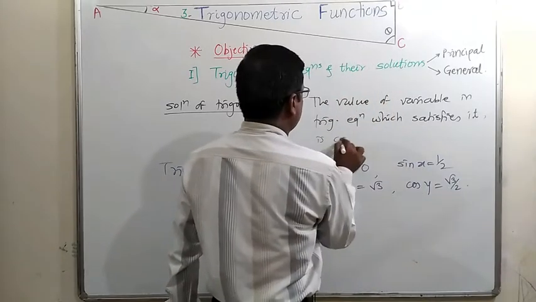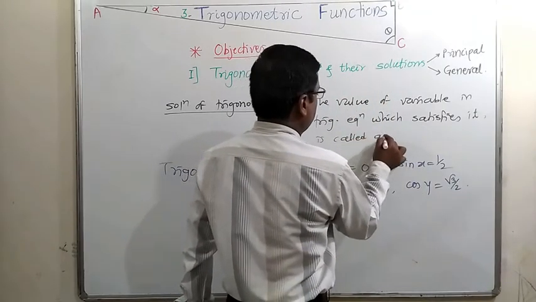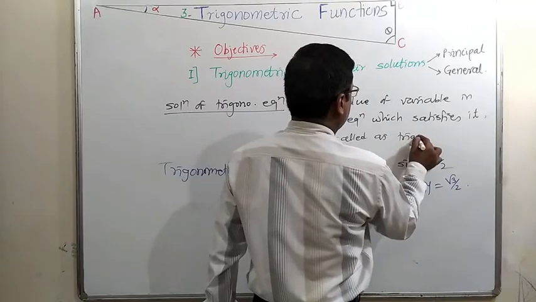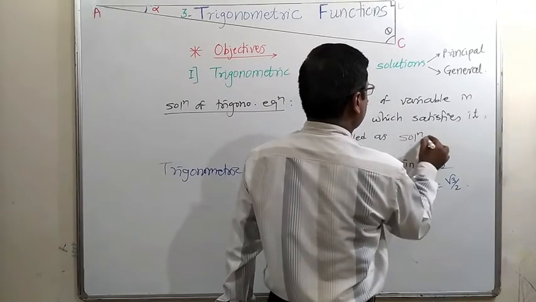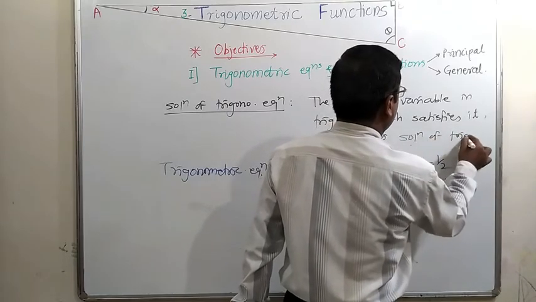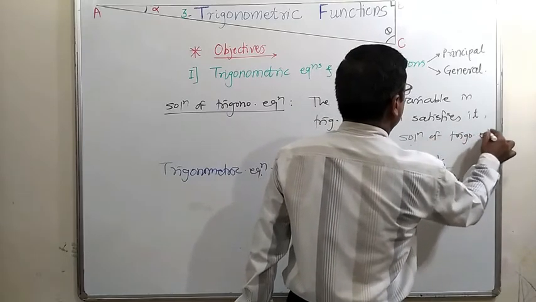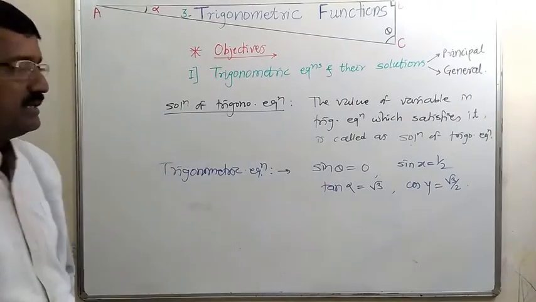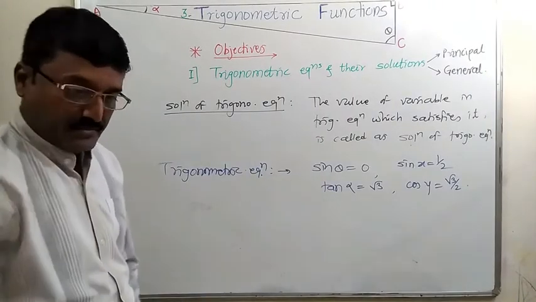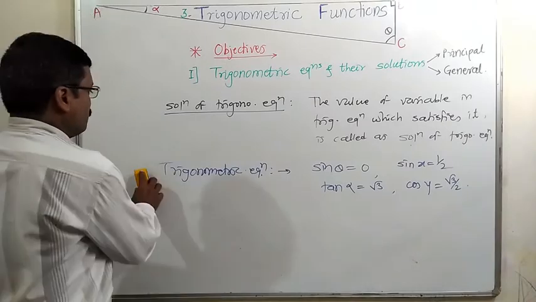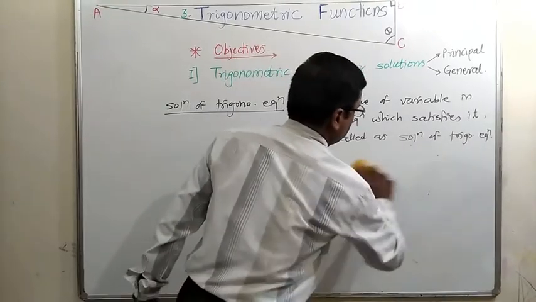It is called a solution of the trigonometric equation. It's very simple. It is like the solution of a Cartesian equation. Let us see some examples of solutions of trigonometric equations.